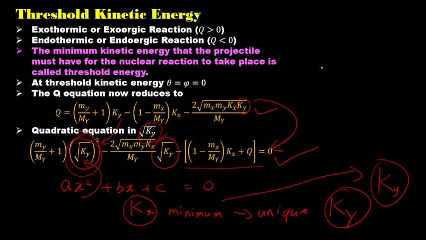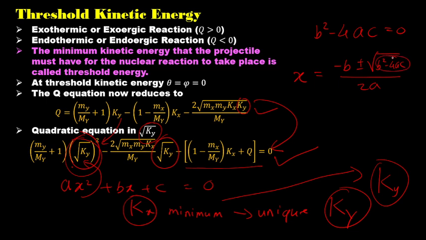It means that this quadratic equation in the square root of Ky has a unique solution. And when a quadratic equation has a unique solution, b square minus 4ac is equal to 0. It is because the solution of a quadratic equation is given by minus b plus or minus the square root of b square minus 4ac, divided by 2a. So it is the value of this term that gives rise to two different values of the solution of this quadratic equation.